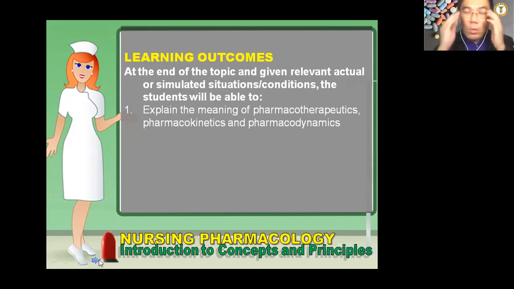If it proceeds to smaller airway passages, do you think it may cause friction to the tissues of the airway passages? Yes or no? Yes, po. Now, if it causes pressure to the airway passages, it may cause what we call irritation. That irritation may cause inflammation.